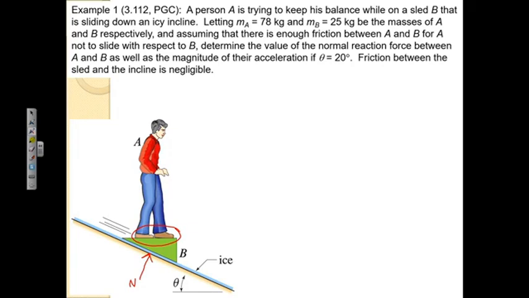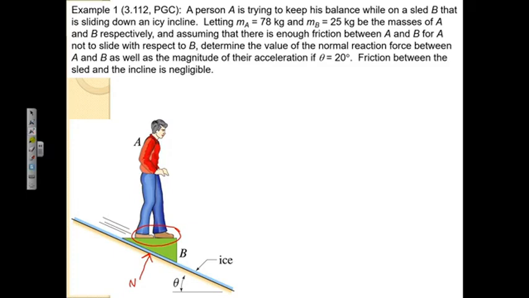So if I want to do this in an XY system, I'm going to call this big X, big Y. My acceleration is going to be that magnitude of the acceleration times the cosine theta in the I, plus, looks like minus, negative sine theta in the J. So this incline is going to give us some information.